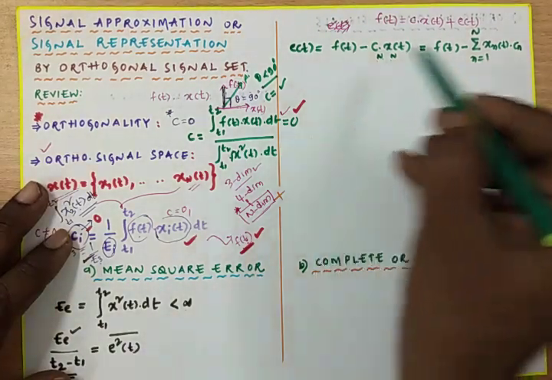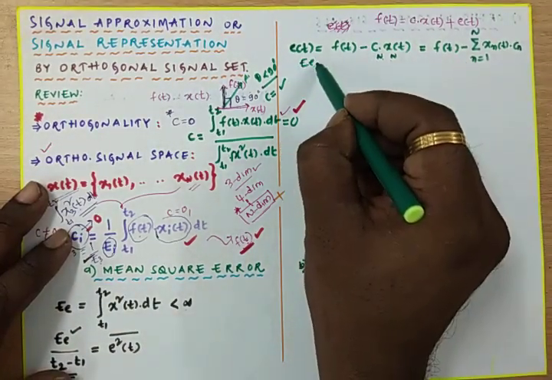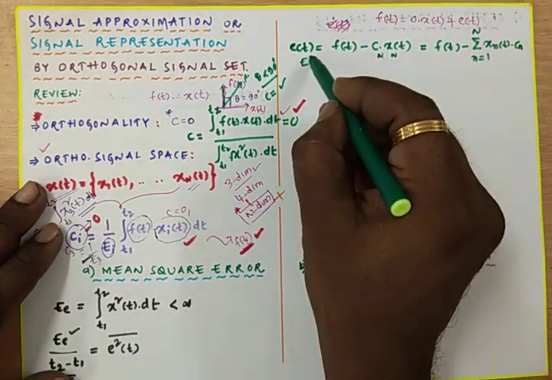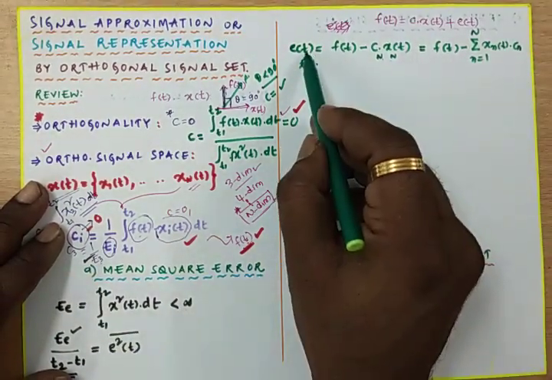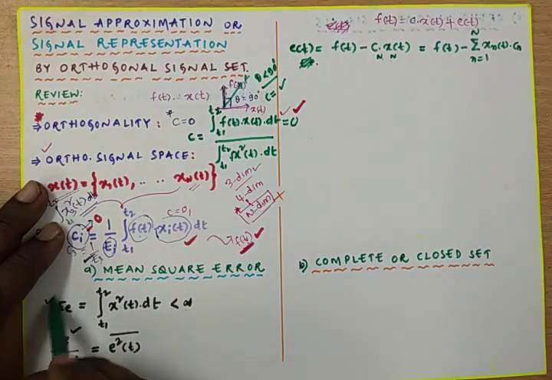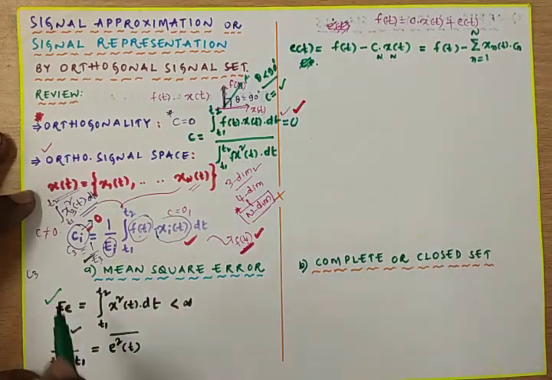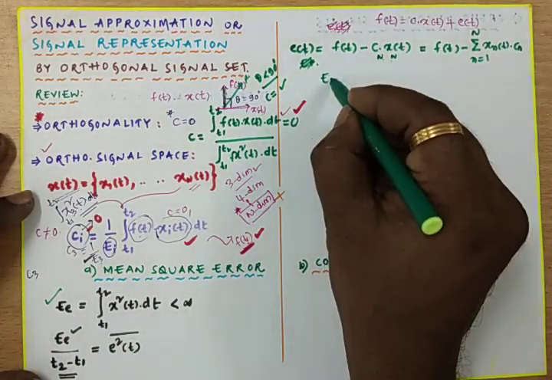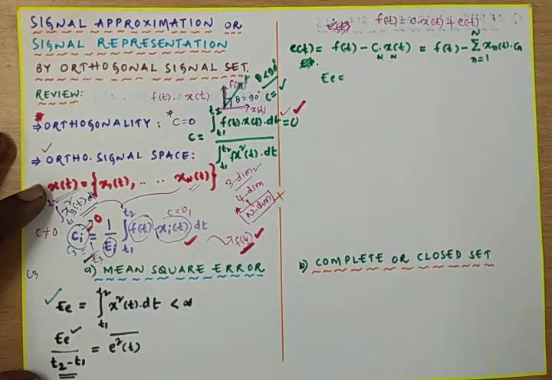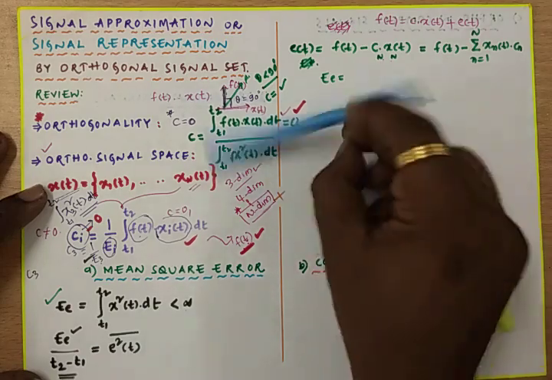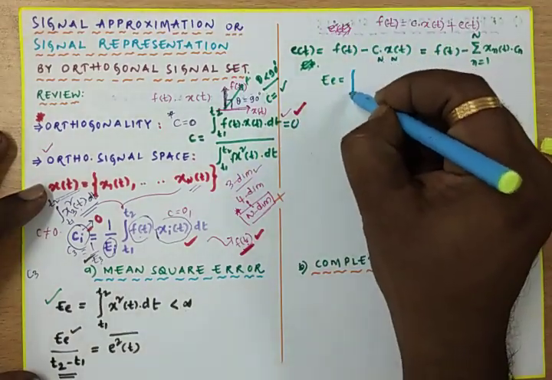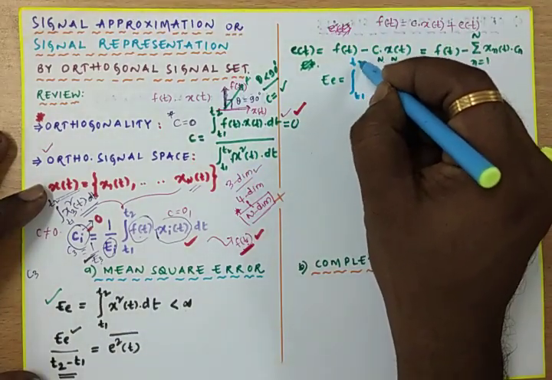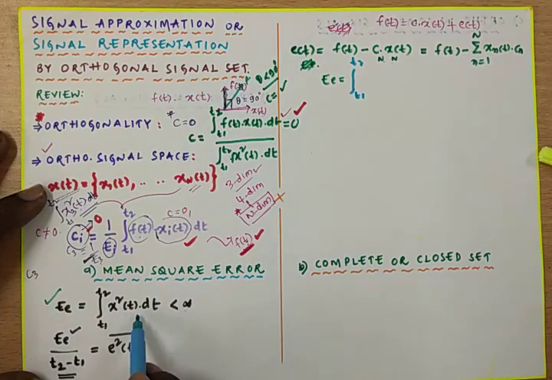Now we have EE. This is the error signal. We have to calculate the energy of that signal, that is EE. EE is nothing but the energy of that signal. What is the formula for the energy of a signal? We can directly write energy of signal is integral T1 to T2 x square of t.